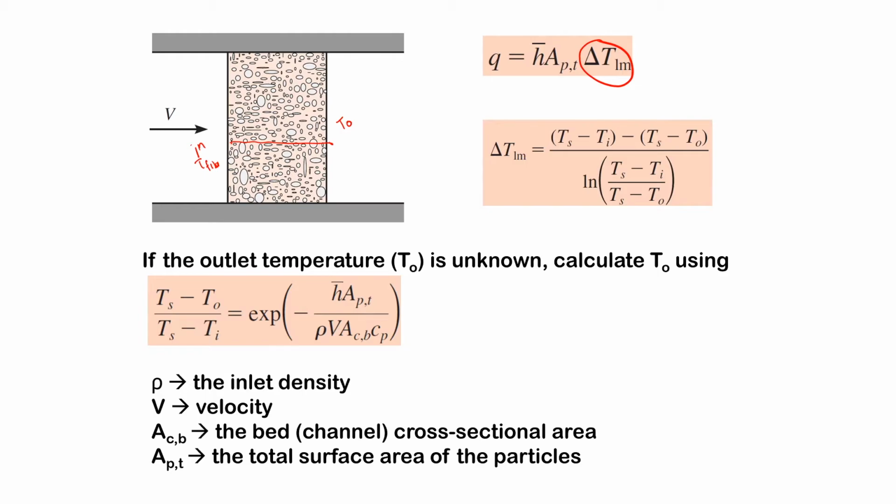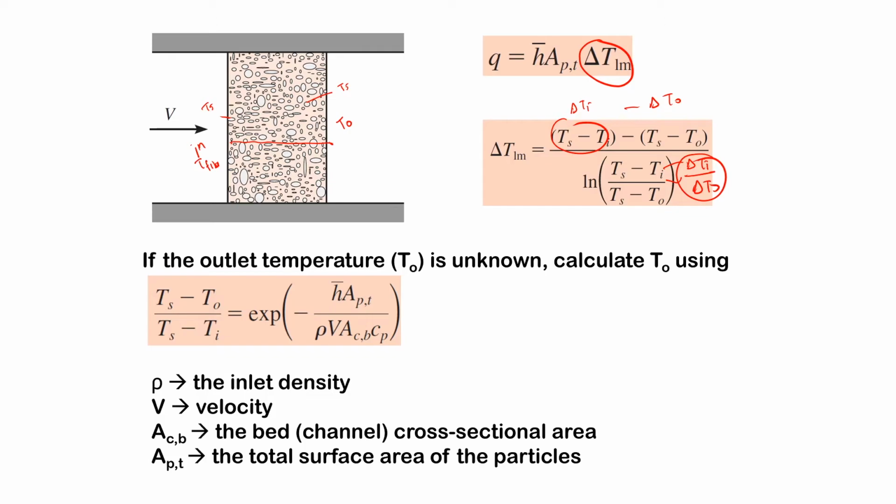In this case, the T log mean will be equal to delta T in. Let's say all of the porous materials are at Ts. Ts minus T in is delta T in, minus delta T out, divided by the log of delta T in over delta T out. So that is how we calculate the log average.